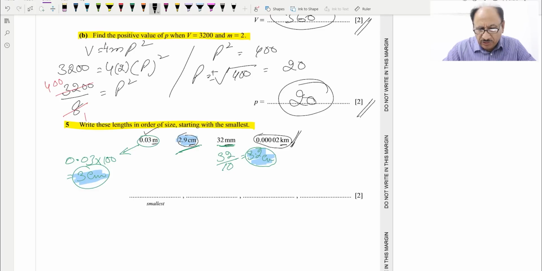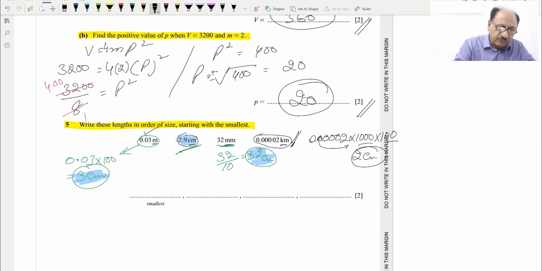These kilometers we can change into centimeters by 0.0002 multiplied by 1000 for meters, and then 100 for centimeters. So 5 zeros we will be shifting this to the right, and we missed 1 zero. Basically it should be like this one. So 5 zeros we will be jumping, and it will be 2 centimeters for this.